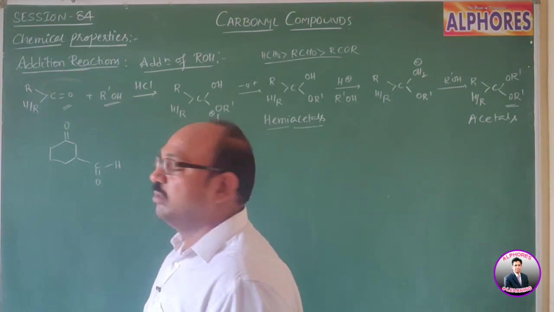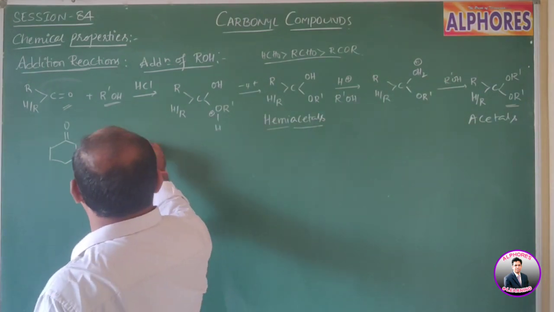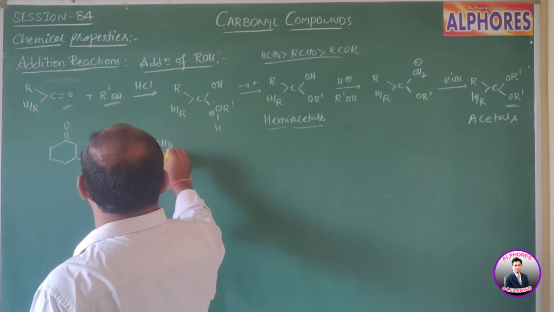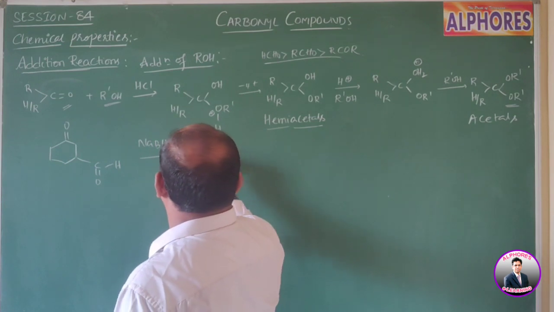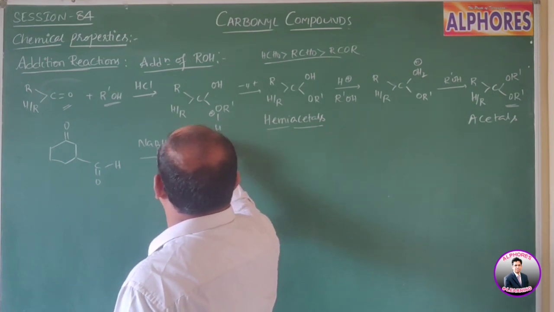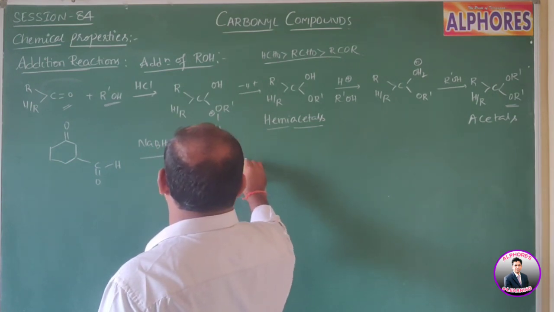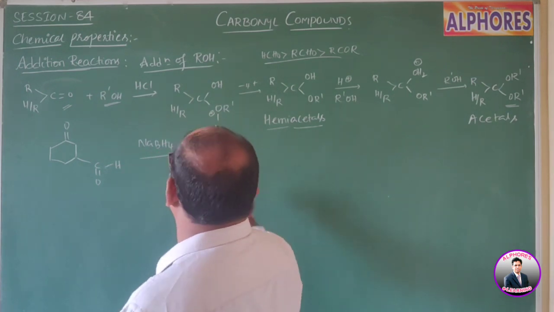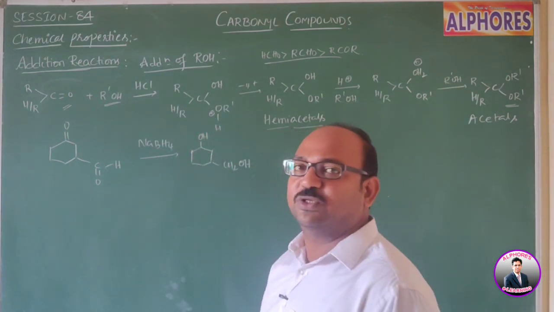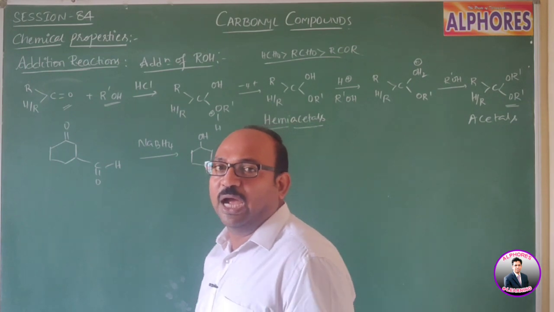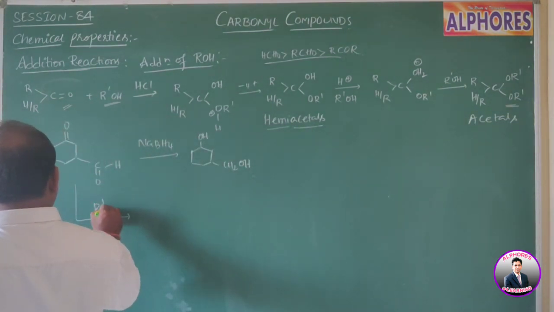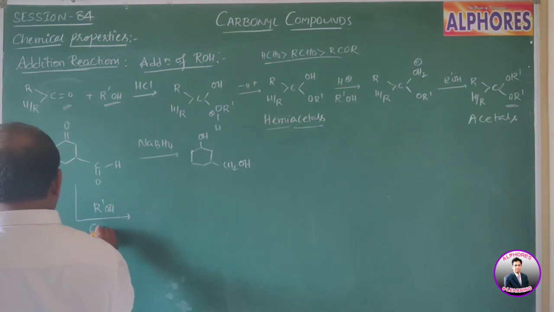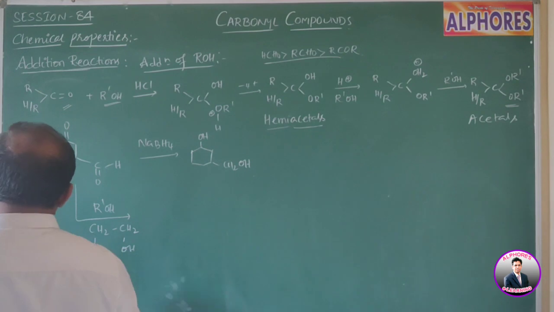Now I am going to use NaBH4, a reducing agent. Then it is very clear that both carbonyl groups get reduced, and we are getting a primary alcohol from the aldehyde and a secondary alcohol from the ketone. Now I am going to use R-OH or glycol, ethylene glycol, so an alcohol or diol.